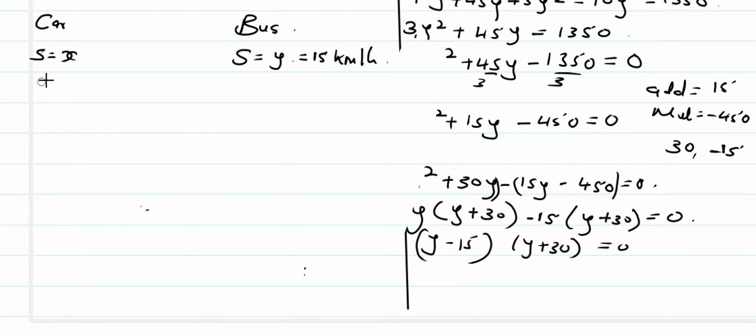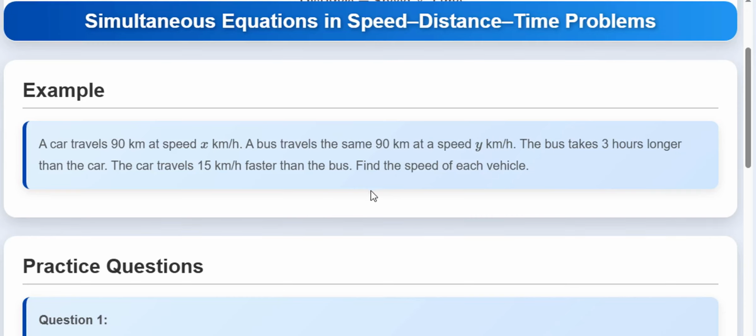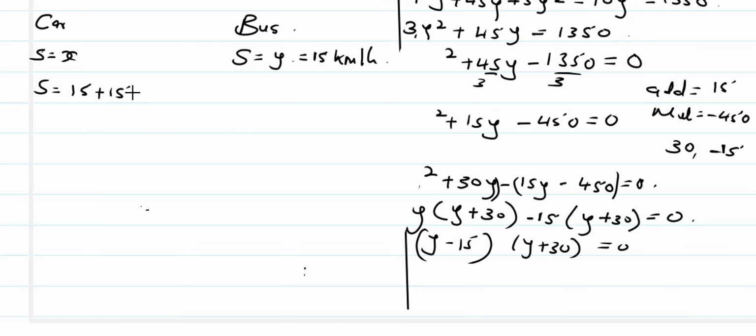So the speed of the car would be 15, which is for the bus, plus another 15, because you are told the car travels 15 kilometers per hour faster than the bus. So the speed of the car will be 30 kilometers per hour, like that.